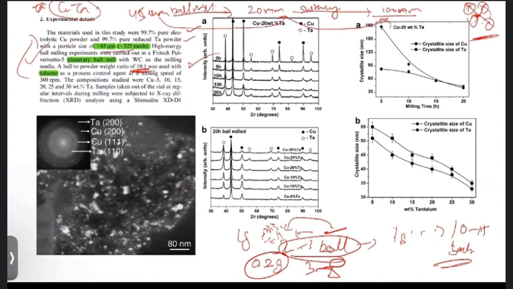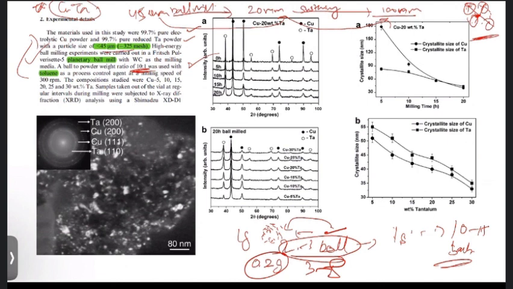Because in that ball mill, lubricant. Yes, you are in the right direction. Complete your answer. To avoid friction. Friction should be there.